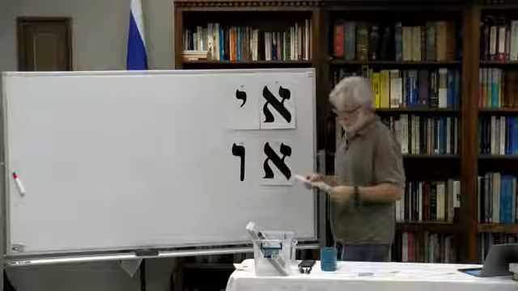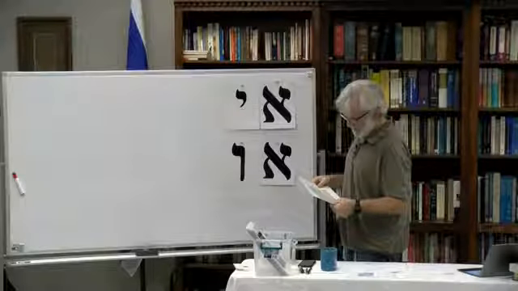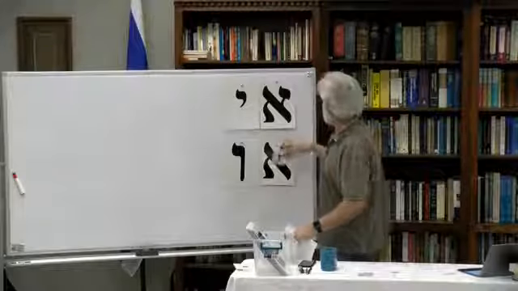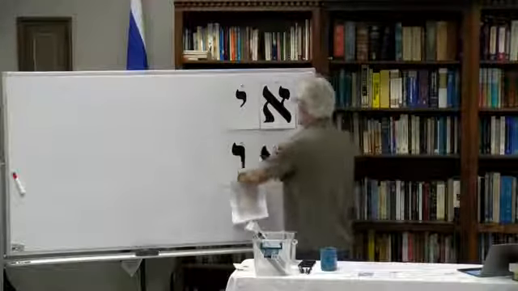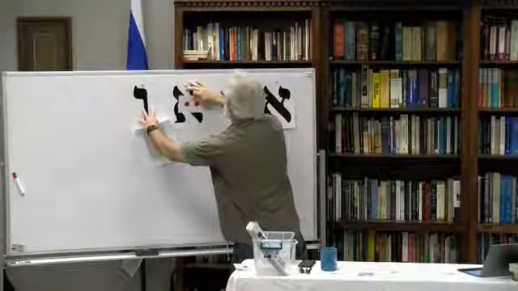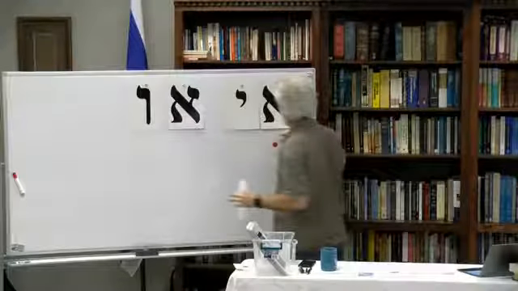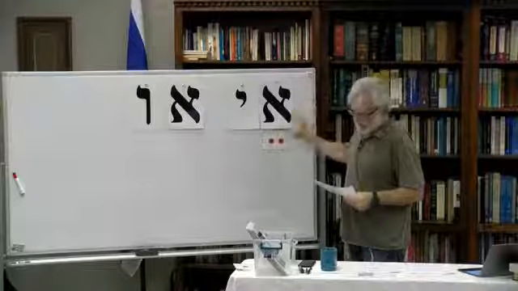Do you notice that we have a Tsere Yod? I'm going to replicate that for you here. In fact, let me move this over here. Okay. This is called a Tsere Yod.